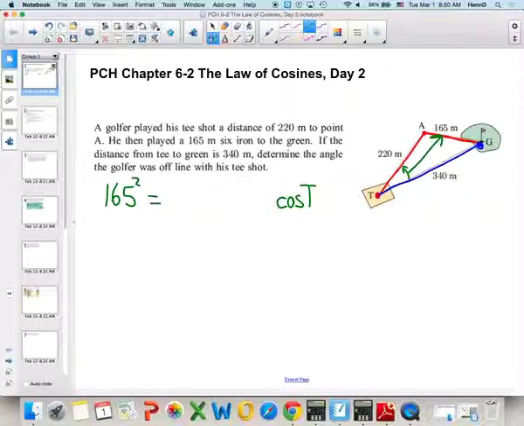The rest of this, we fill in with the other two sides: 220 squared plus 340 squared minus 2 times 220 times 340 times the cosine of T. So just be careful that you're setting this up properly. Otherwise, you'll find the wrong angle. It'll be an angle in the triangle, it just won't be the one you're looking for.